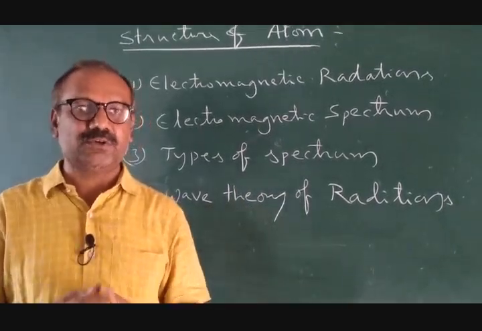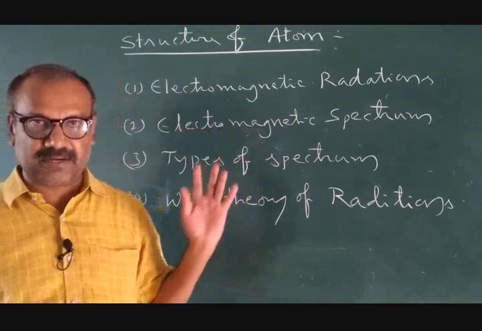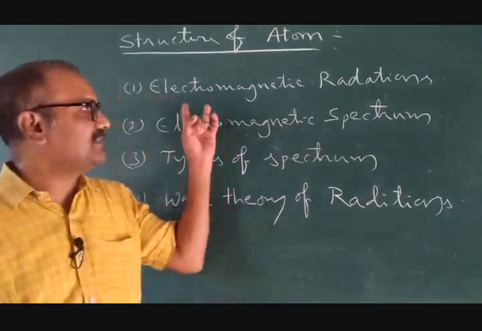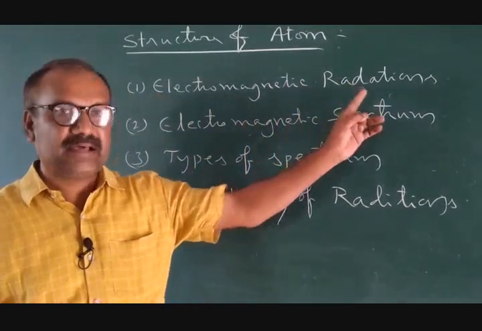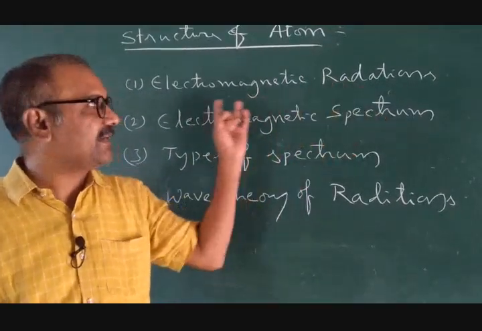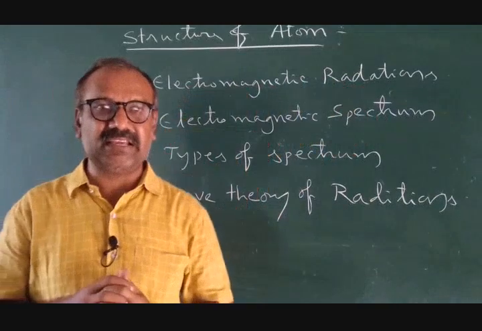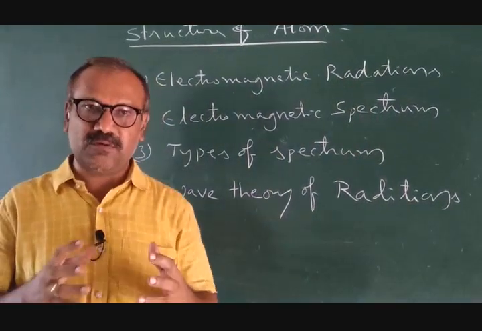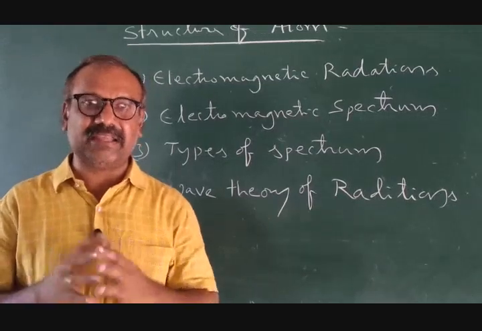First of all, we should know what a spectrum is. Before that, I will tell you what electromagnetic radiation is. Electromagnetic radiations means the radiations which have both electric field and magnetic field.